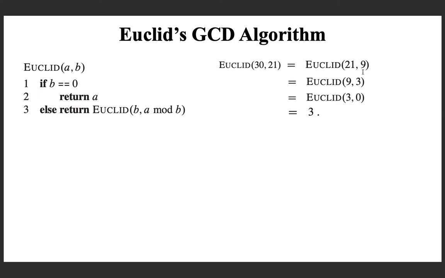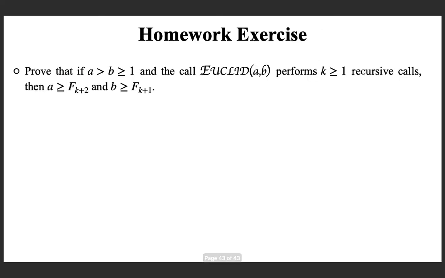With this we are coming to the end of this lecture, and I am giving you a homework exercise for you to understand how efficient this algorithm is. You can prove that if A is greater than B and B is greater than or equal to 1, then this is an assumption that we have about theorem 3.